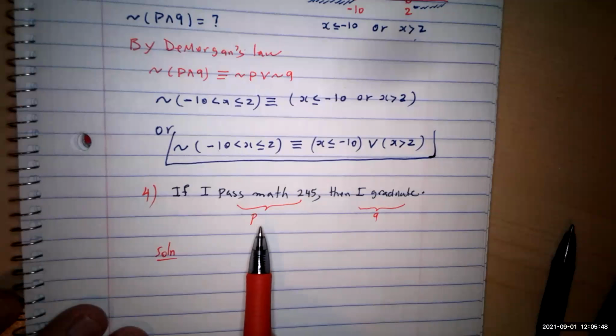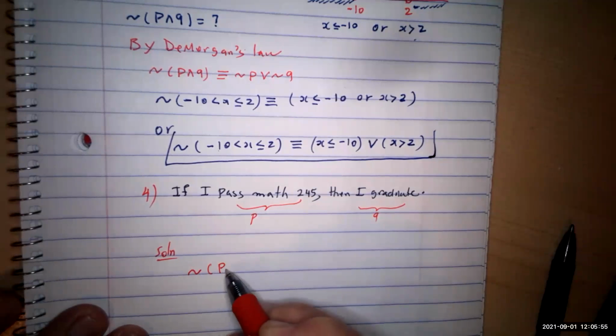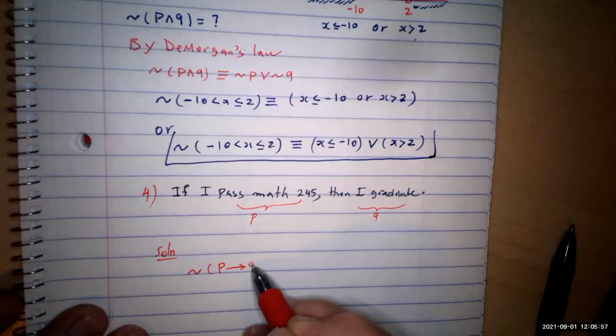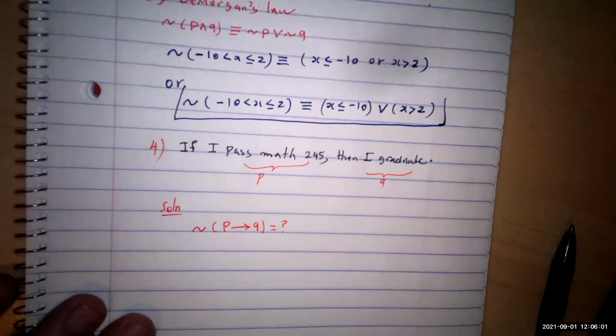The given one is if P then Q. So what you are interested in is the negation of if P then Q. You see, this is what you are interested in. So you must know that formula that I gave you.